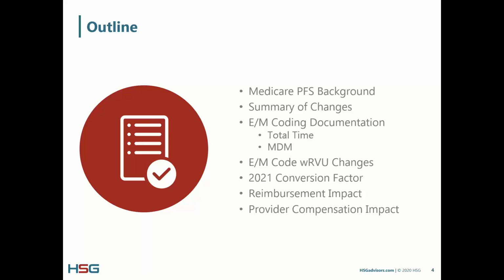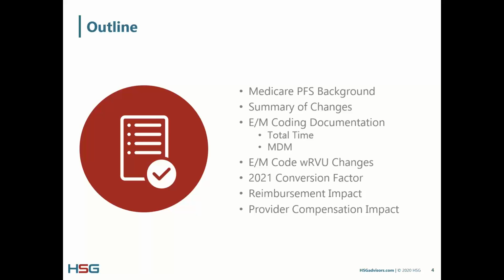Those are 99201 to 205 and 99211 to 215. And how the coding criteria have gone from the 95 and 97 guidelines for these codes to total time spent on the day of service or medical decision-making complexity.